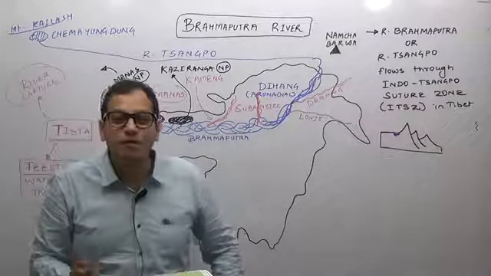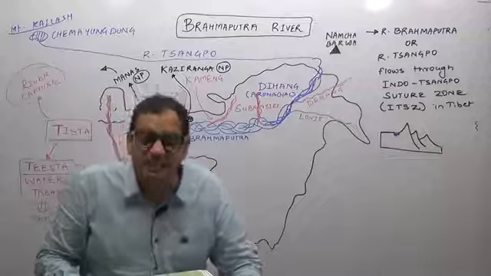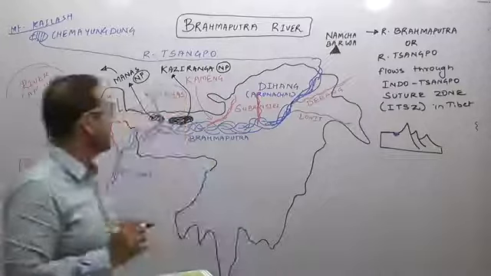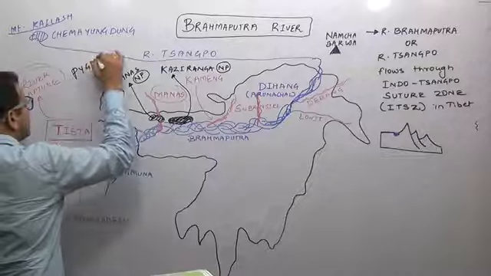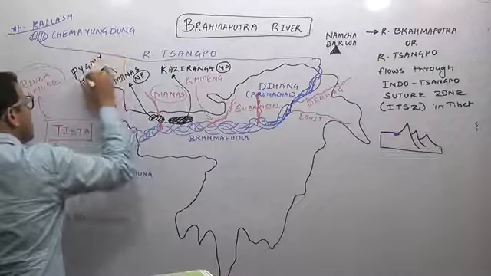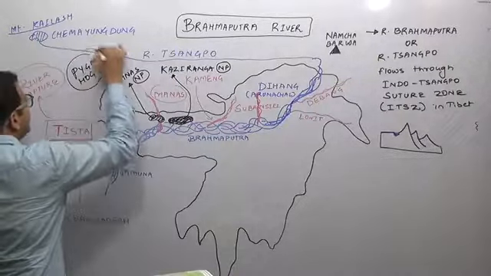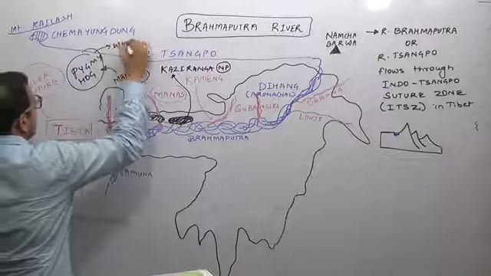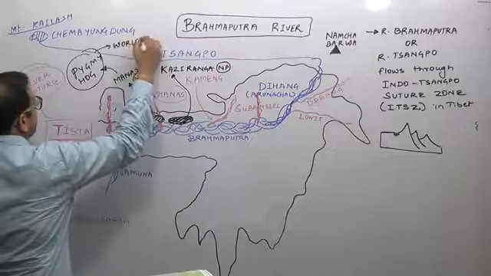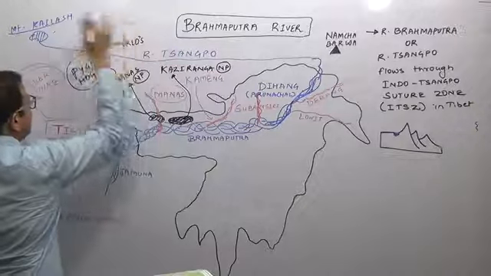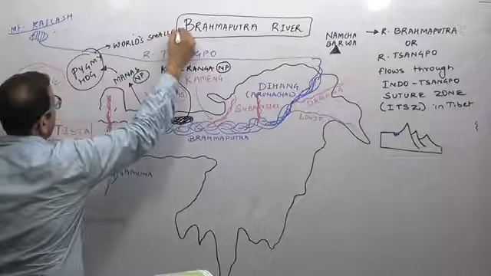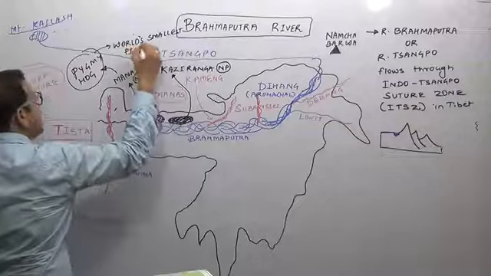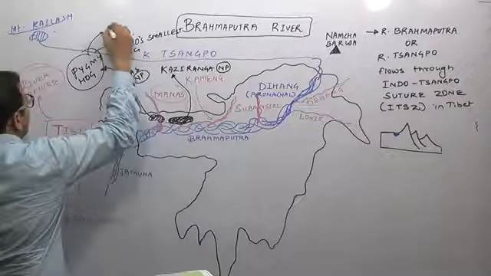But it is also famous for one critically endangered species in India, that is the pygmy hog. Pygmy hog is the world's smallest pig, found in Assam.